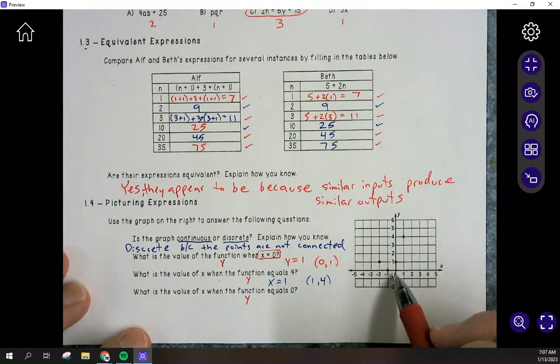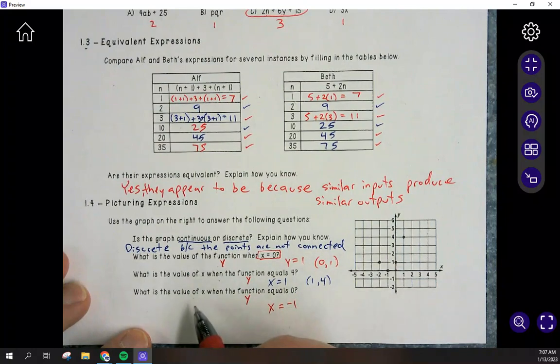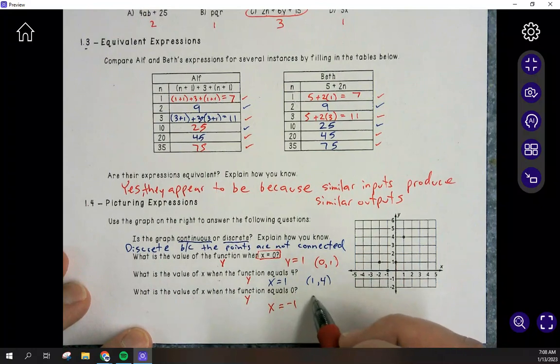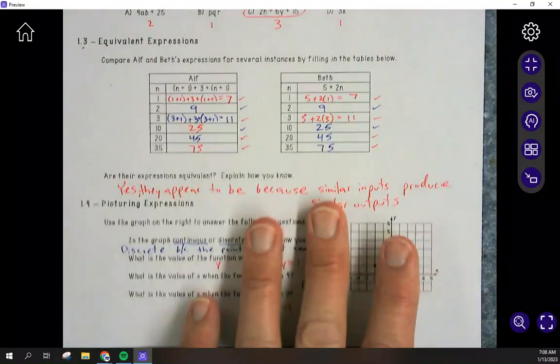So now we're going to where y equals 0, which is here. That's on the x-axis. And that's when x equals -1. So they're asking you what is the value of x. We're looking for x given y equals 0. And so that point right there, the x is -1 and the y is 0. All right, to the back.